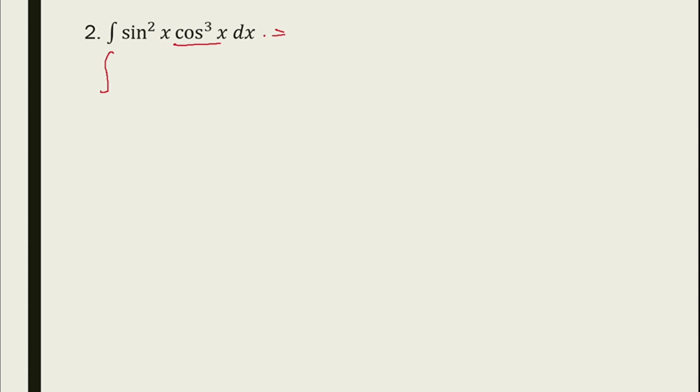We have here sine squared u is equal to 1 minus cosine squared u, and we could also have cosine squared u is equal to 1 minus sine squared u. So these are the transformations that we are going to use. First we have to factor cos squared x, factoring out cos x.